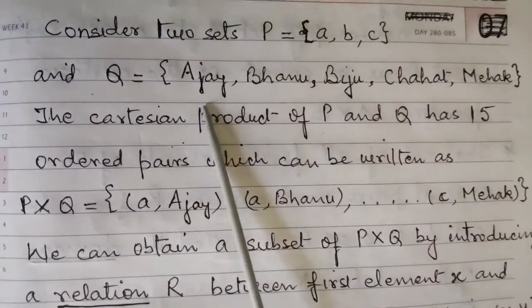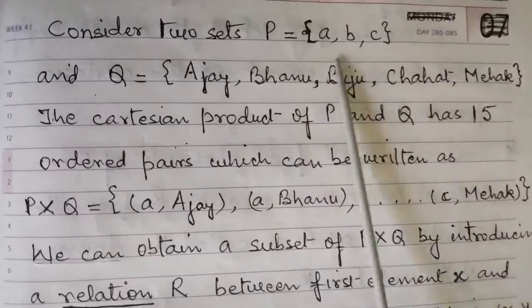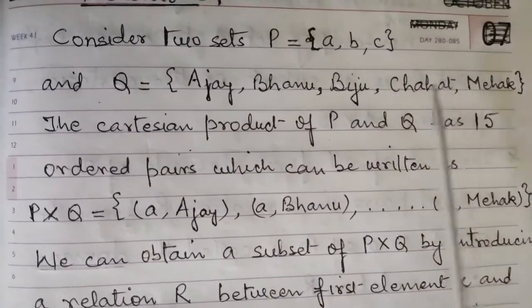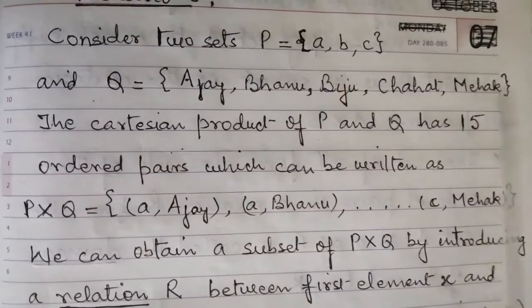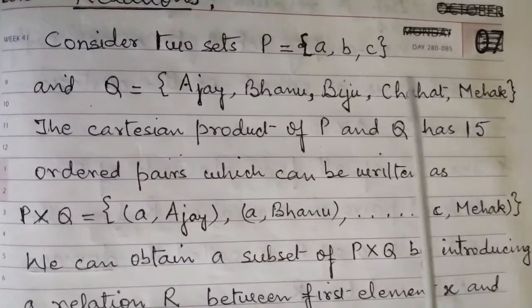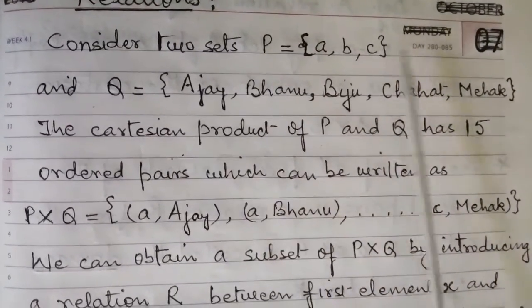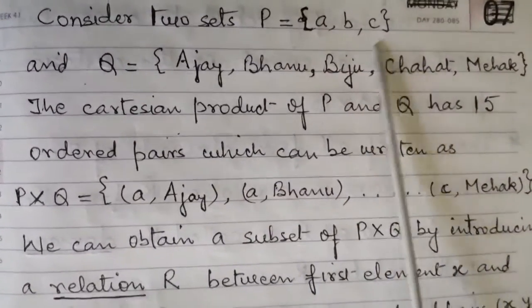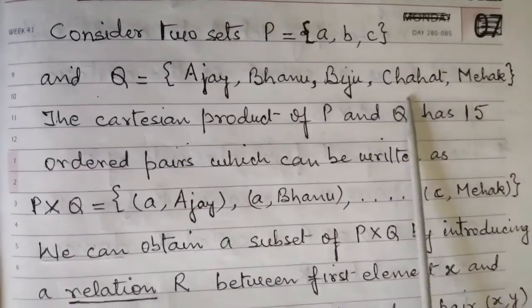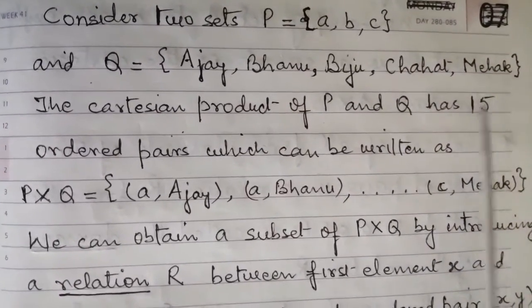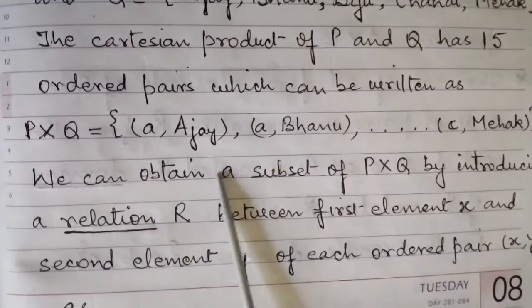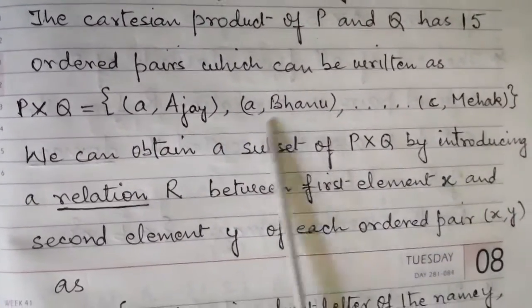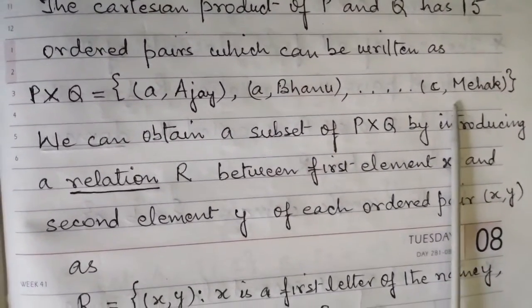Similarly, B comma Ajay, B comma Bhanu, B comma Biju, B comma Chahat, B comma Mehak, and then C comma Ajay, C comma Bhanu, C comma Biju, C comma Chahat, and C comma Mehak. So if you count, these are all 15 ordered pairs I have written here, right?